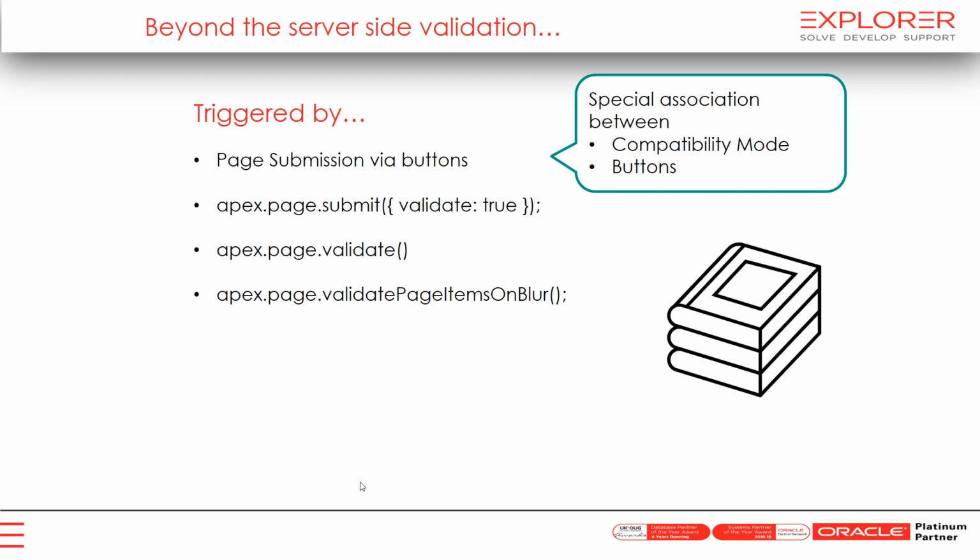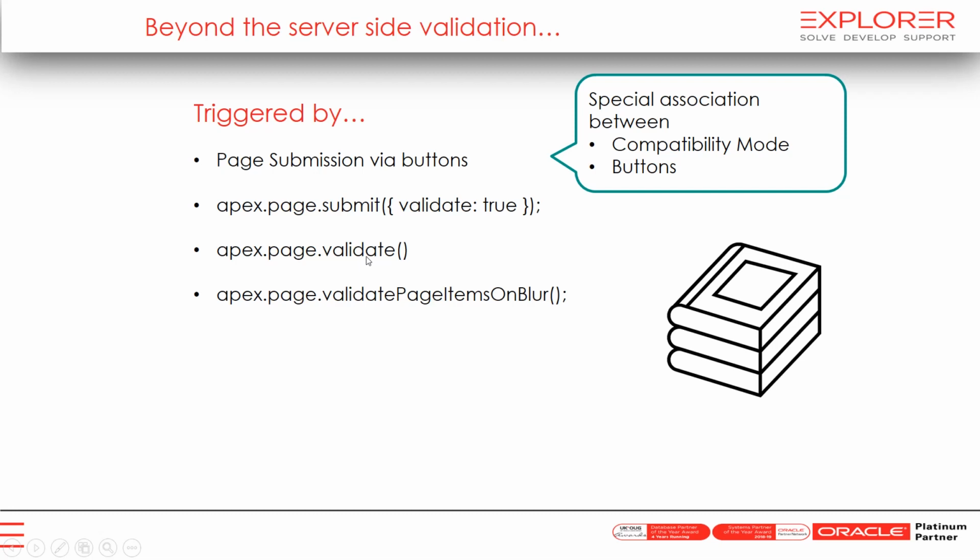Right, beyond the server-side validation, so page submissions, the client-side validations are triggered by submitting the page via buttons. So there's a special association between compatibility mode and buttons, which submit. Apex page submit validate true, calls any client-side validations.